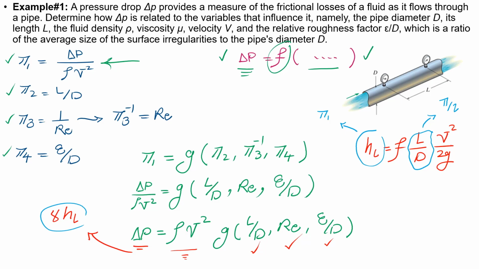And then you have velocity term over here. This velocity term also represented over here. And F. And F was related to what? Remember, you find F using Moody diagram, right? And F was a function of Reynolds number and epsilon over D. So epsilon over D is over here and Reynolds number.